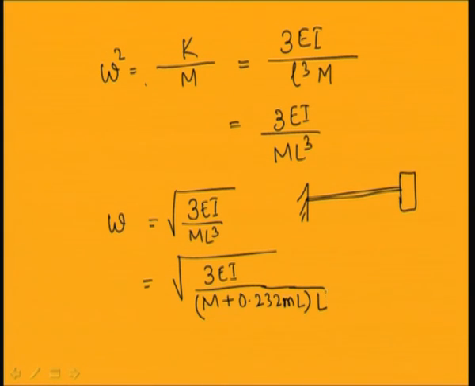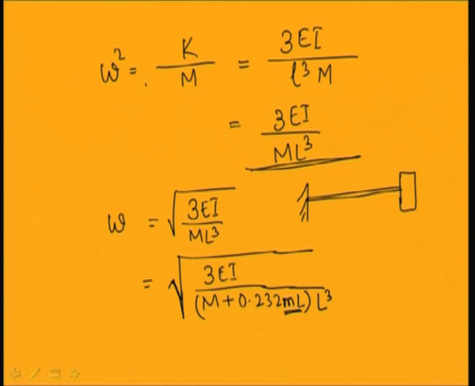ml is equal to m L cubed, where ml is the total mass of the beam and m is the mass per unit length of the beam. So by taking the mass of the beam into account, the expression for the cantilever beam with a tip mass is reduced to this form.